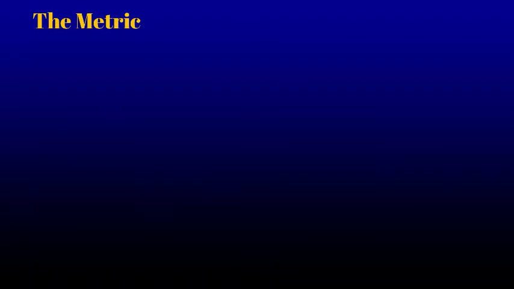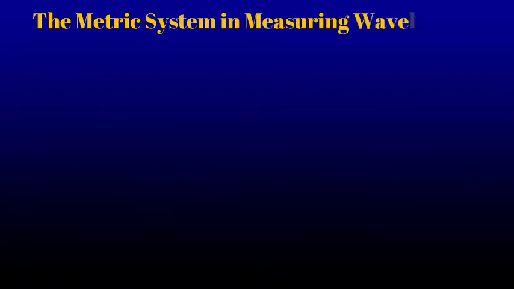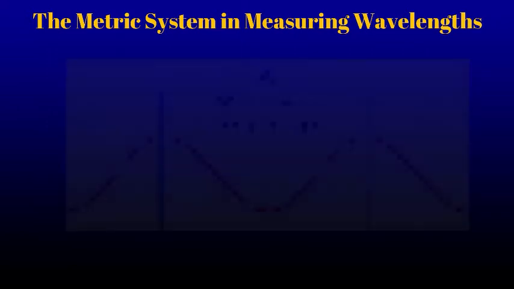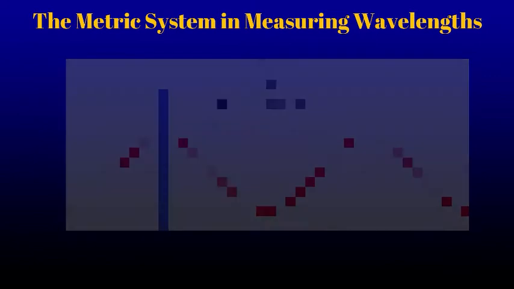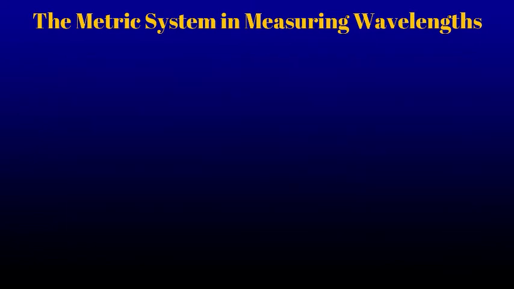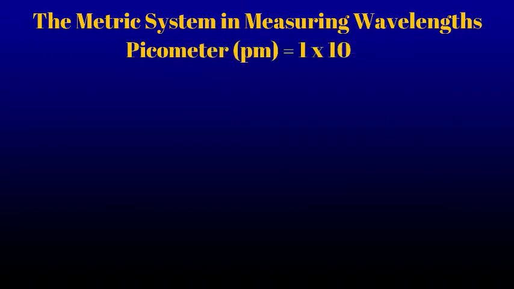Before we talk about the different parts of the spectrum, it is important to discuss some metrics. Wavelengths are measured in the metric system. Sizes this small do not make much sense in empirical units, such as inches. A picometer is 1 × 10 to the negative 12 meters.